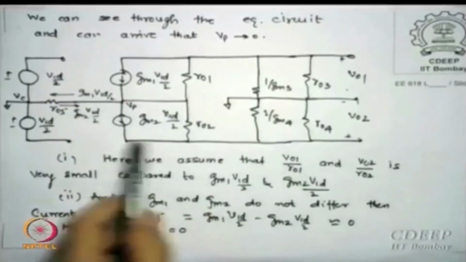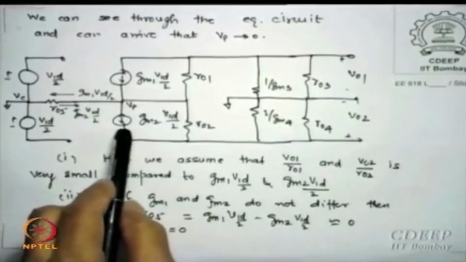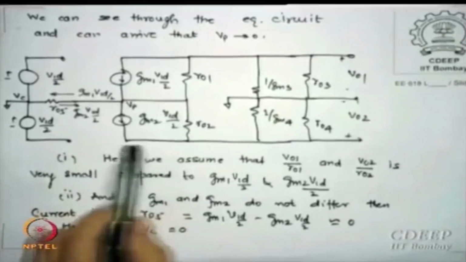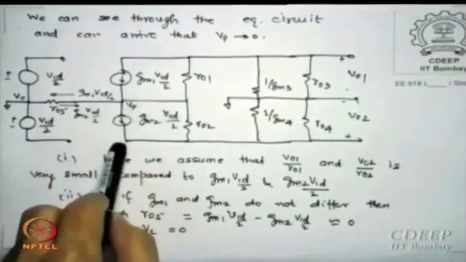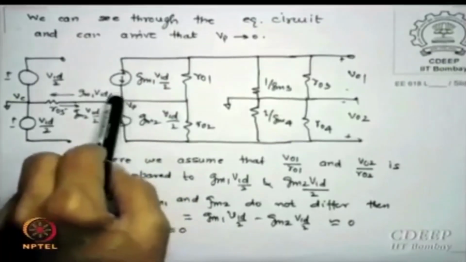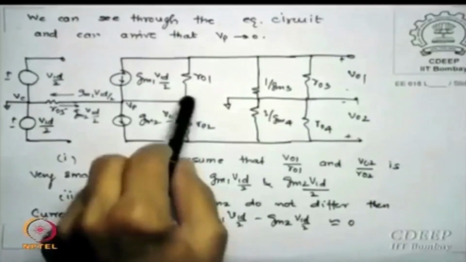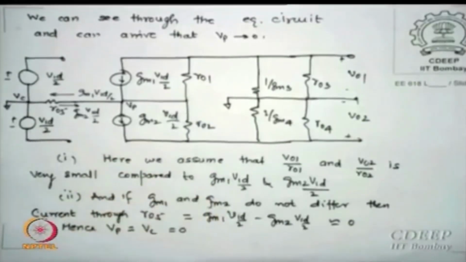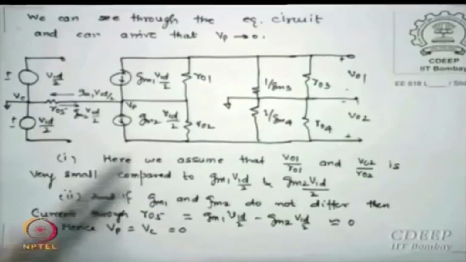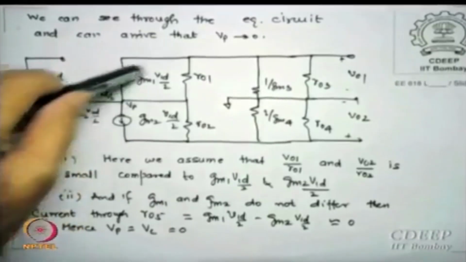On the other side, see the sign now: because of the VID sign, gm2 VID is shown going down from source to this. This is an AC signal, across which there is RO2. So M1 and M2 have an equivalent circuit with common point Vp, gm1 VID and gm VID.